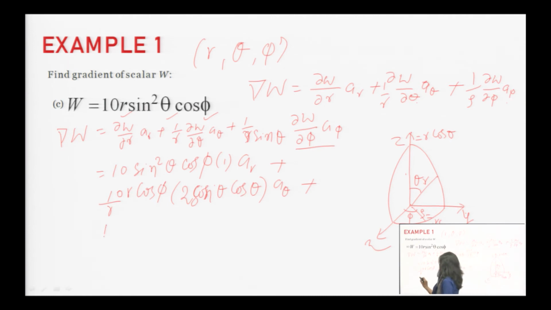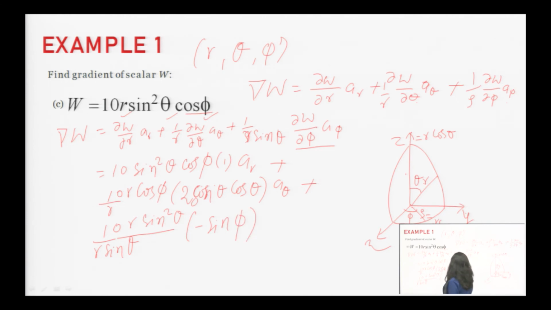So this is 1 by r sin theta. After that we will write 10 r sin square theta, and the differentiation of cos phi will be minus sin phi.